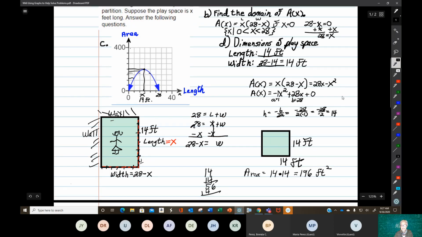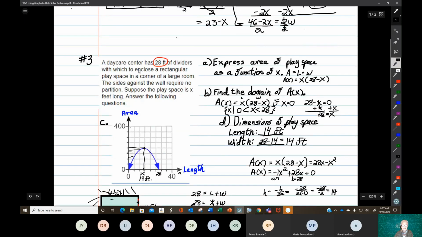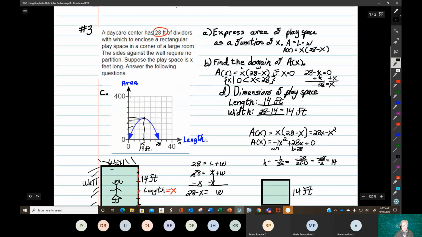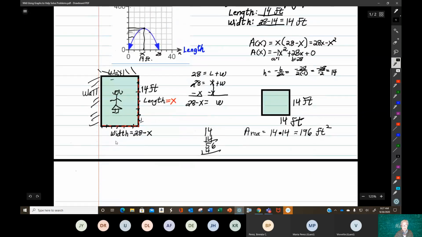The first thing you did is you expressed the area in terms of x, as a function of x. And so that meant you had to find out what the width is. What made this problem tricky is normally you would say perimeter equals twice the length plus twice the width.